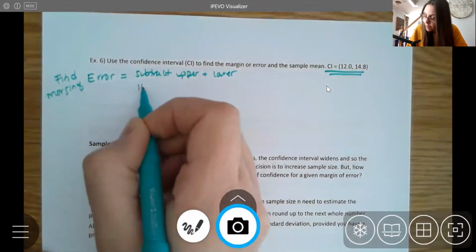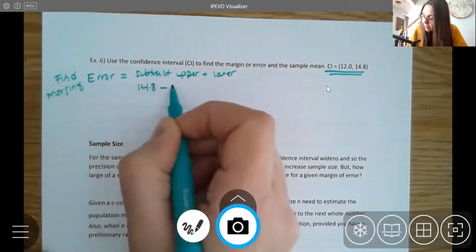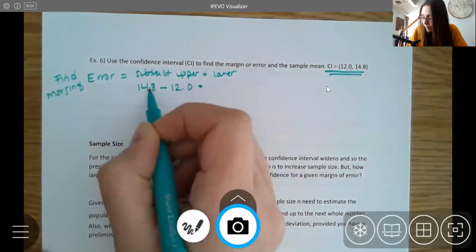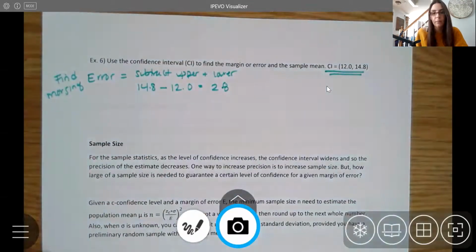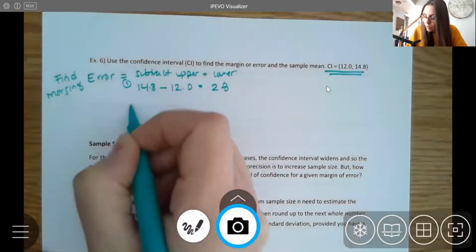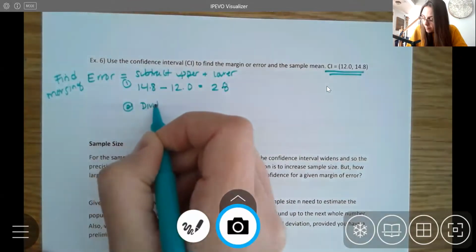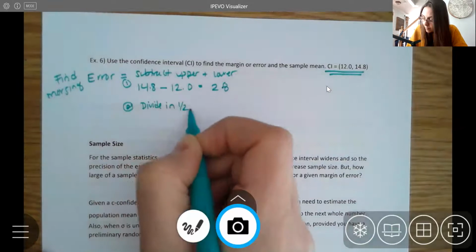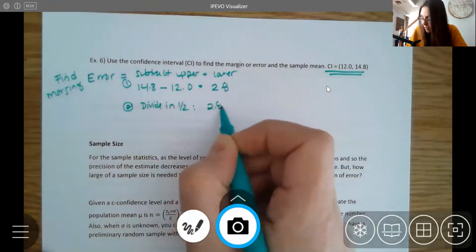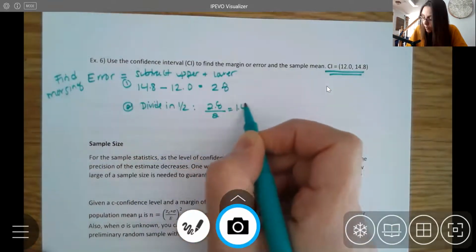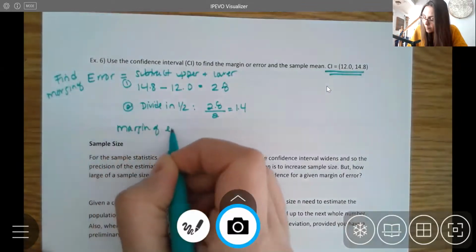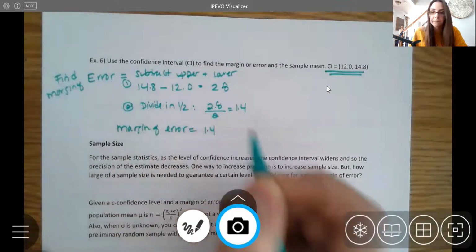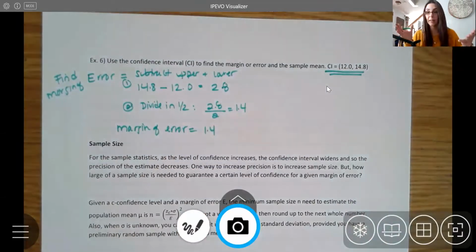We're going to take that 14.8 and subtract the 12.0, and what we get here is 2.8. And then you're going to divide it in half. So we're going to divide 2.8 in half and we get 1.4. So your margin of error here is 1.4. You just take the length of that interval, cut it in half. There's your margin of error.